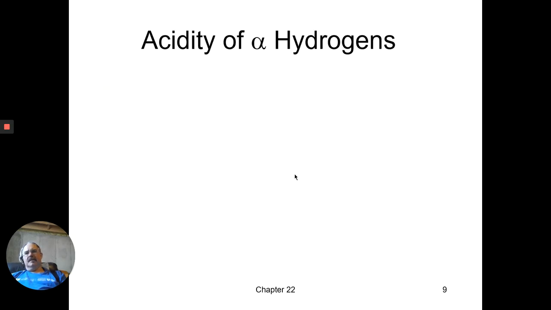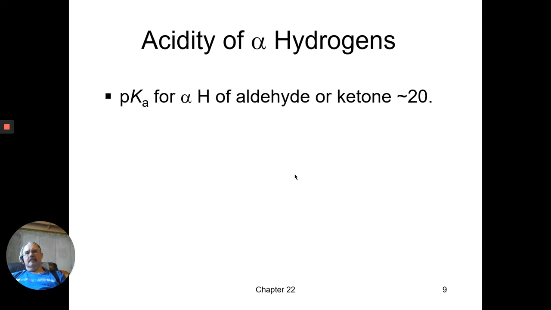Okay, let's look at the acidity of alpha hydrogens. The pKa for the alpha hydrogen of an aldehyde or ketone is about 20. The aldehyde hydrogen is not acidic at all, but the alpha hydrogen is.